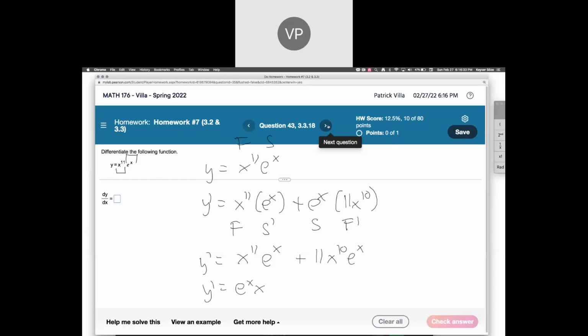And I can factor out an x to the 10th because they all have at least 10 x's. So when you factor something out, remember it's like you're dividing it. If I factor out 10 x's, I'm left with 1 with the first thing. If I factor out 10 x's with the second, those all go away and all I have is the 11. And that right there is my simplified answer.